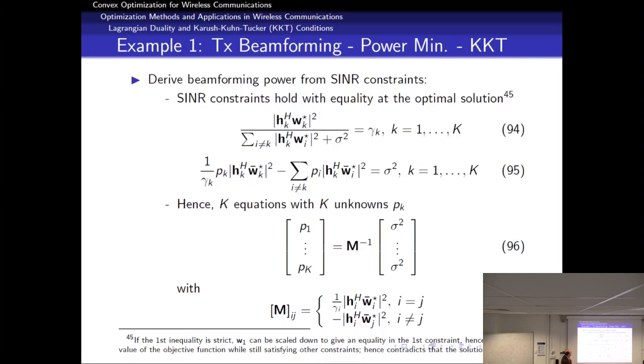And this leverages the fact that the optimal solution is obtained with equality on the SINR constraints. So instead of being strictly smaller, it will be equal. You can show that indeed, at the optimal solution, those inequality constraints should become equality constraints if you want to make the best use of the transmit power.